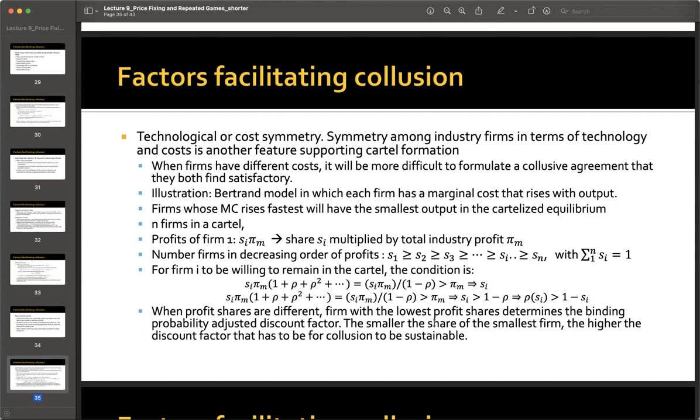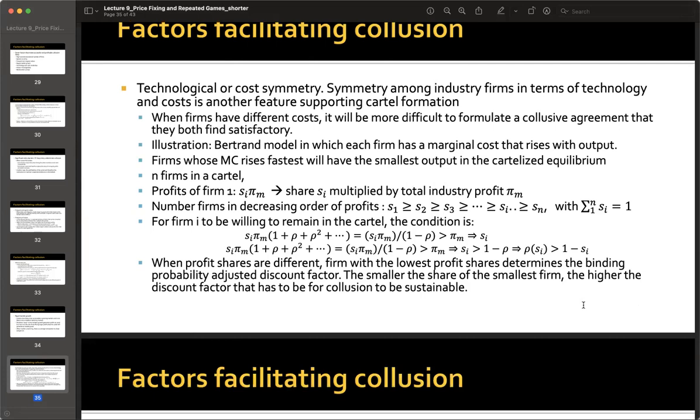The smaller the share of the smallest firm, the higher the discount factor has to be for the collusion to be sustainable. So it's harder to maintain that agreement because there is one firm with the lowest profit share. This one has the highest likelihood of deviation because it's more likely that ρ will in fact be less than 1 minus S. So it's easier to sustain collusion if everyone has a similar profit share, if it's just divided by n.